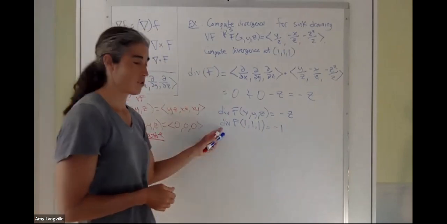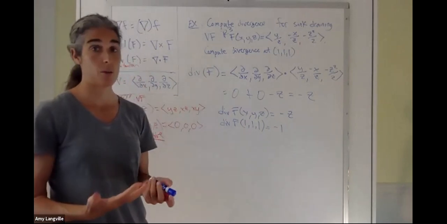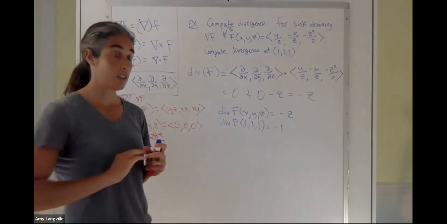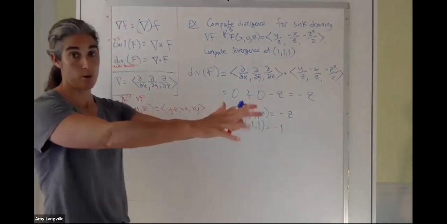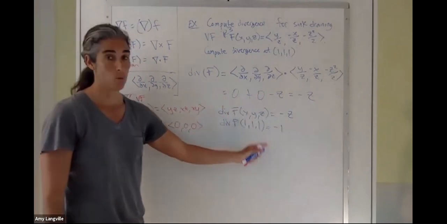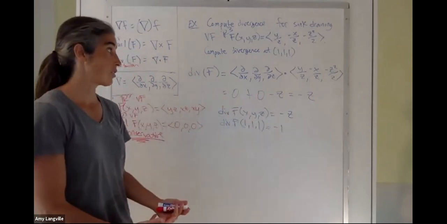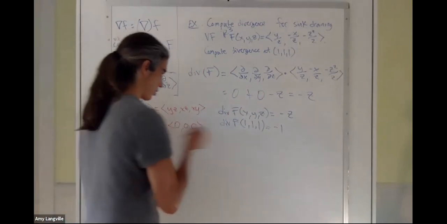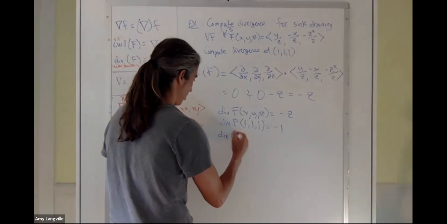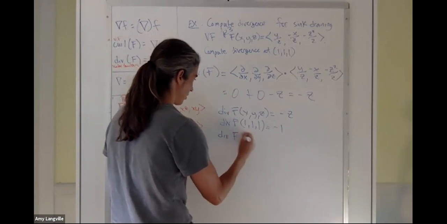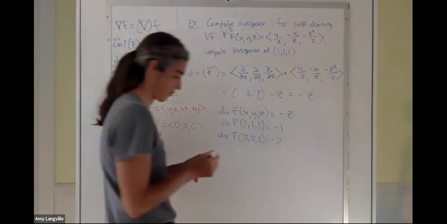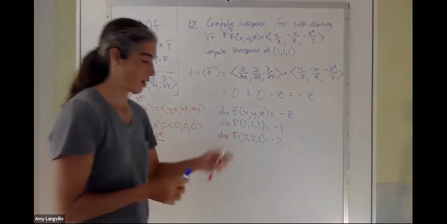And what this is measuring now, divergence, actually how we got the word divergence, it's the tendency to leave the point you're at, to diverge from, run away from 1, 1, 1. And you could compare that to what would happen at, say, 2, 2, 2. Divergence at the point -2. Maybe more of a tendency to run away.